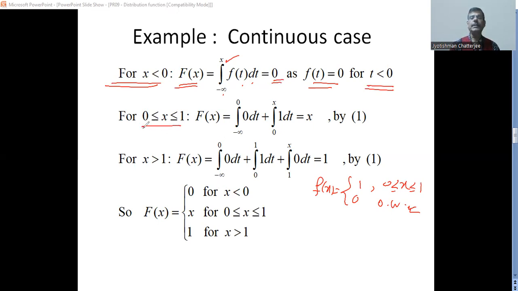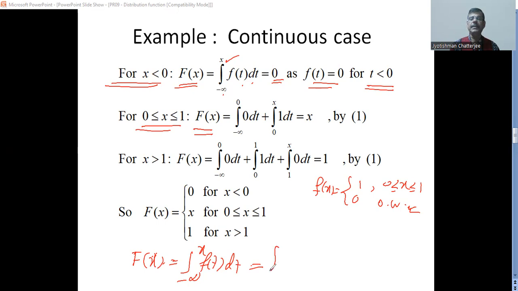What happens for this range? When x is between 0 and 1, in that case, F of x can be split into these two integrations. What is F of x? F of x is equal to the integral from minus infinity to x of f(t) dt. And now x is between 0 and 1.